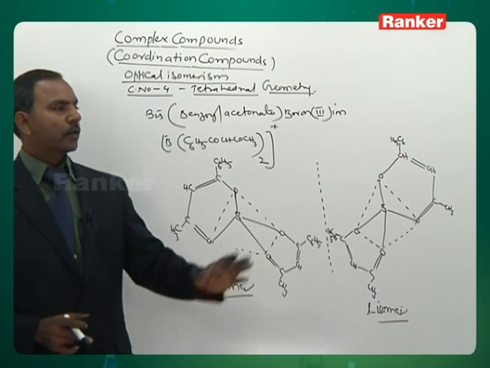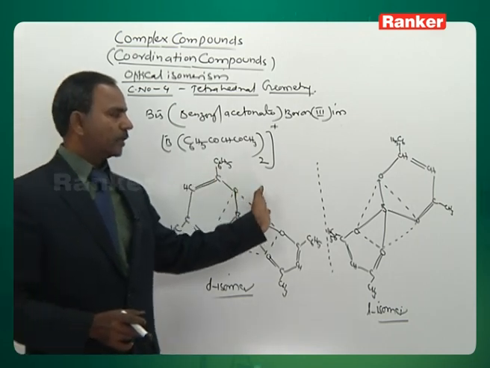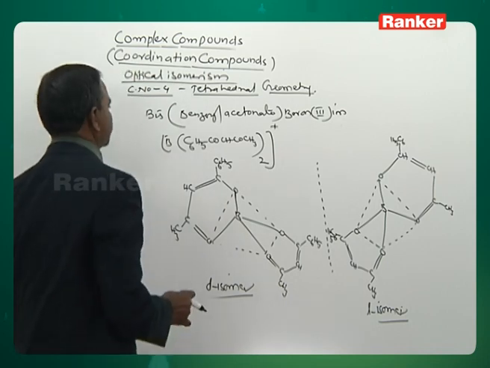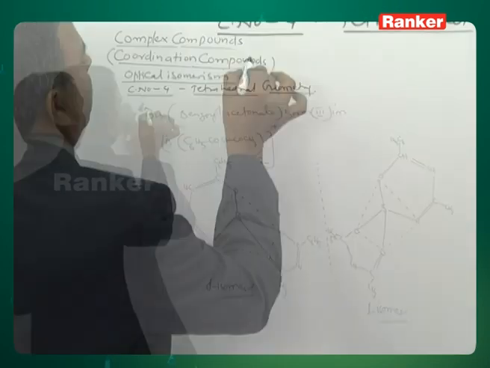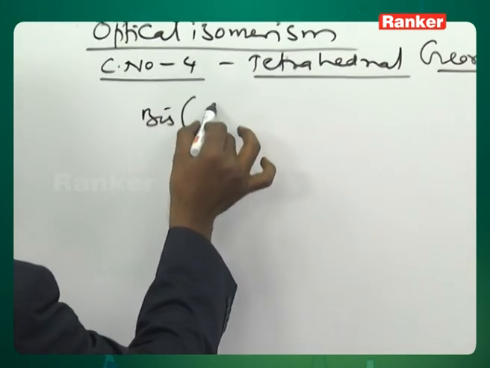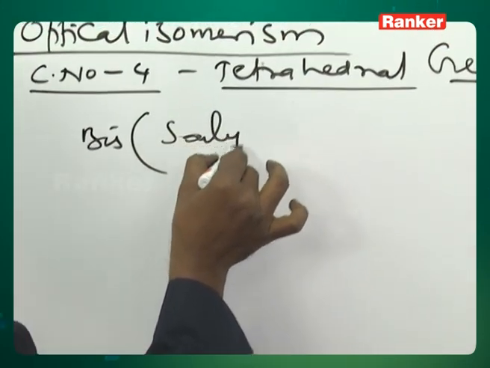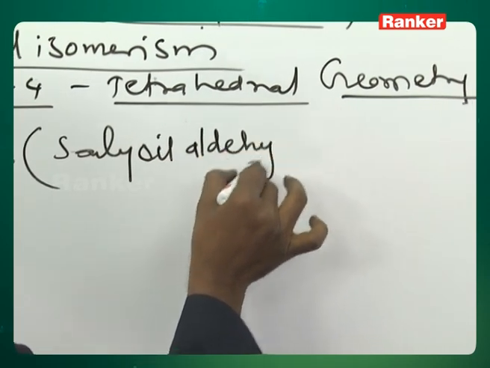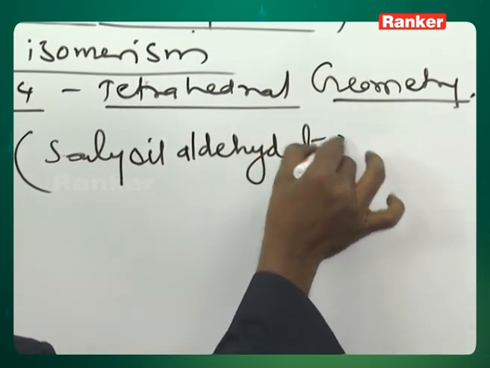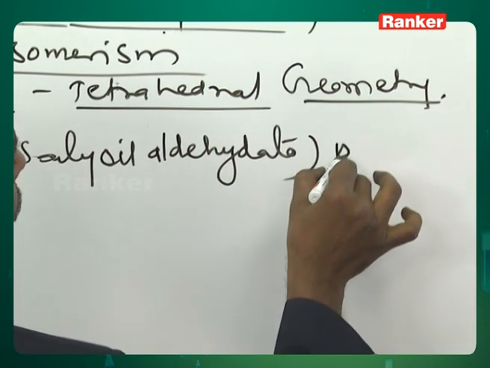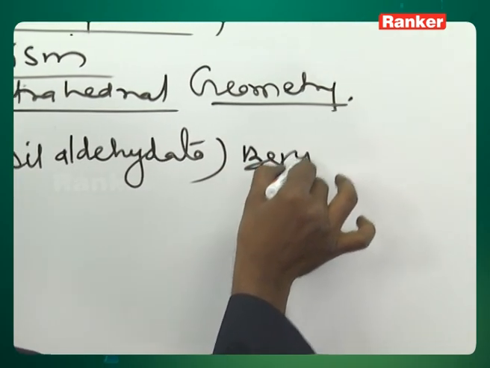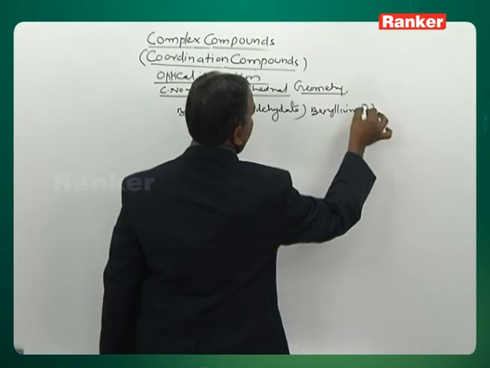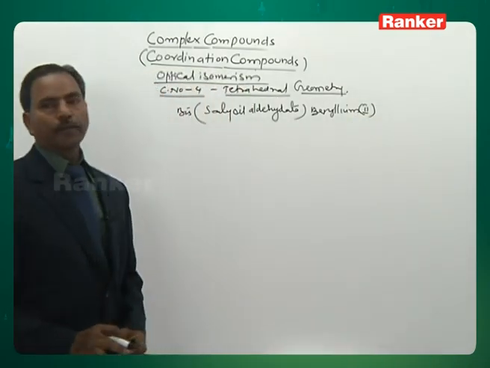Next, we have also written salicylaldehyde. One more complex, I will show tetrahedral geometry, and how that is again optically active. Now, the next one: bis(salicylaldehydato) beryllium 2.